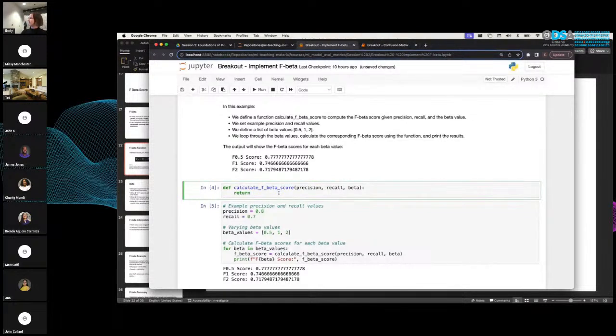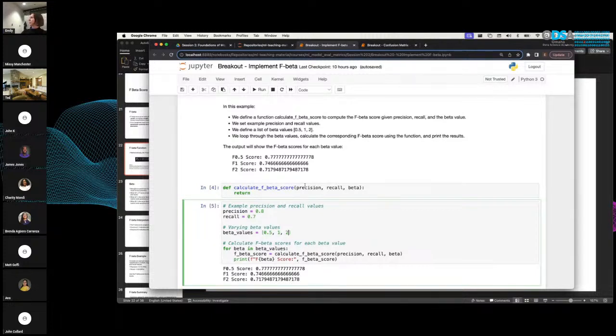That's what that function should do: given beta, precision, and recall, return what the calculation is. So here we have a precision and a recall, and we want to try 0.5, 1, and 2. This is just a loop that loops over all of them, for beta in beta values, calculate F beta. It's going to pass precision, recall, and then the beta value. So first it'll pass 0.5, and then 1, and then 2.